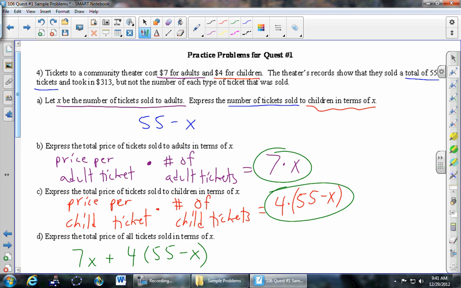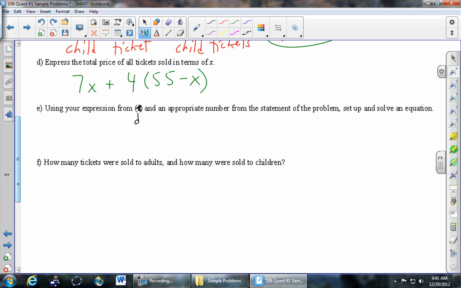And there is, it's this number right here. Altogether, the theater took in $313. Great. That's exactly the same thing that the green represents. It's how much money came in from all the tickets. So we have that whole green thing, and it must equal 313 from the problem.